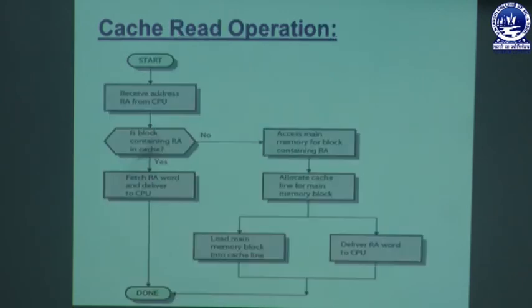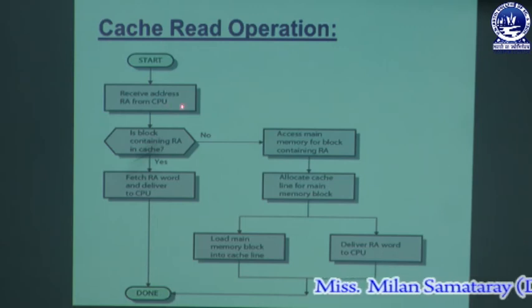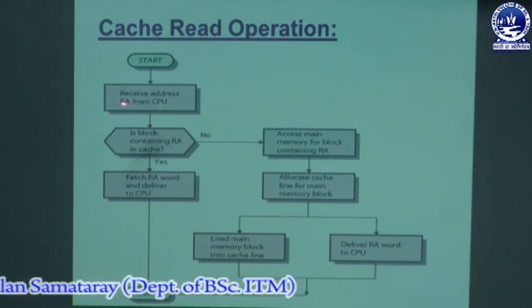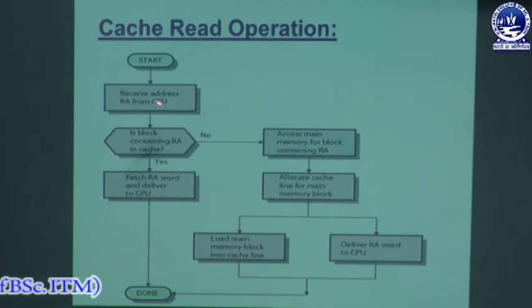So first one is our cache read operation. First it will perform the start operation, then it will receive the address from the CPU. That means whatever the memory location from where the CPU wants to read some data, that address will be released from the CPU.